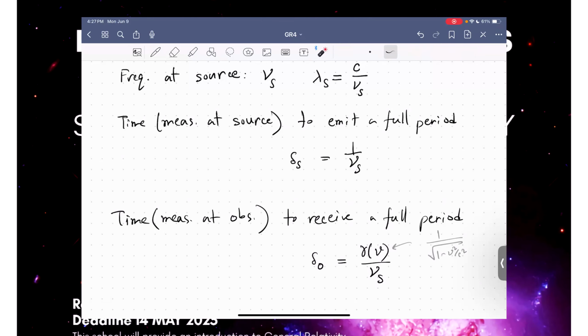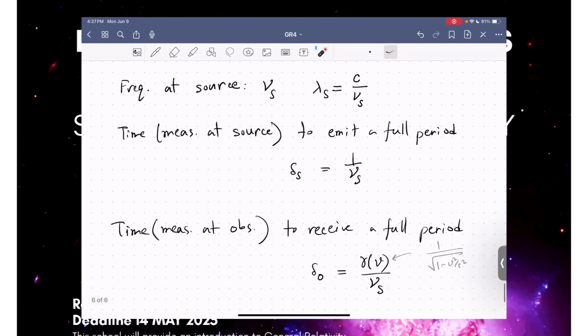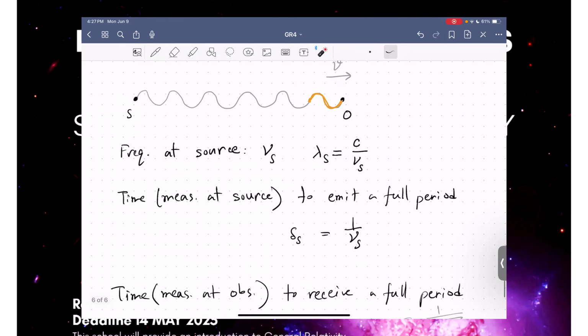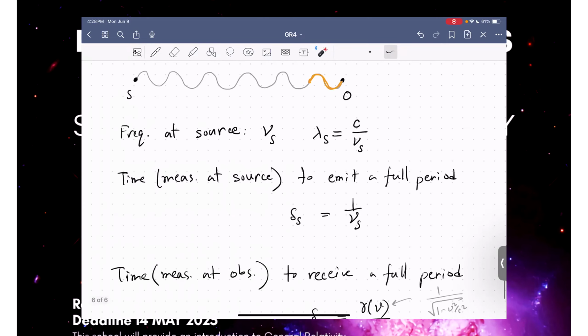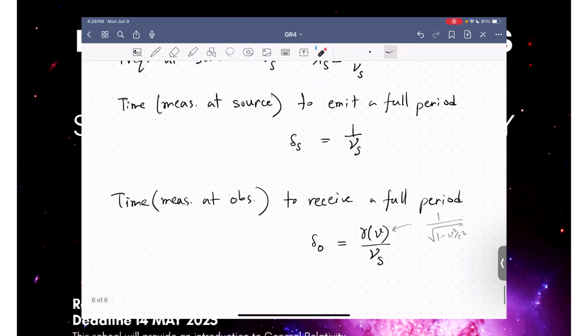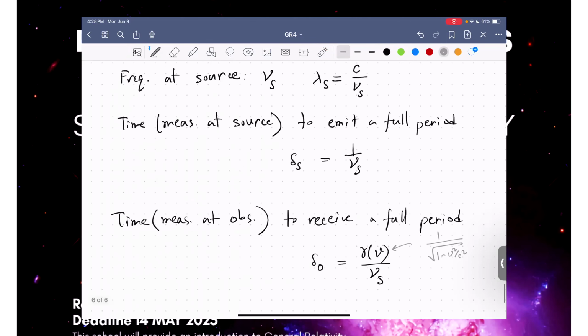This is the time that was measured at source to emit a full wavelength, and this is the time that the observer measured between receiving these two endpoints of a full wavelength. But because of this velocity, during this time, the observer also moves away a little bit.